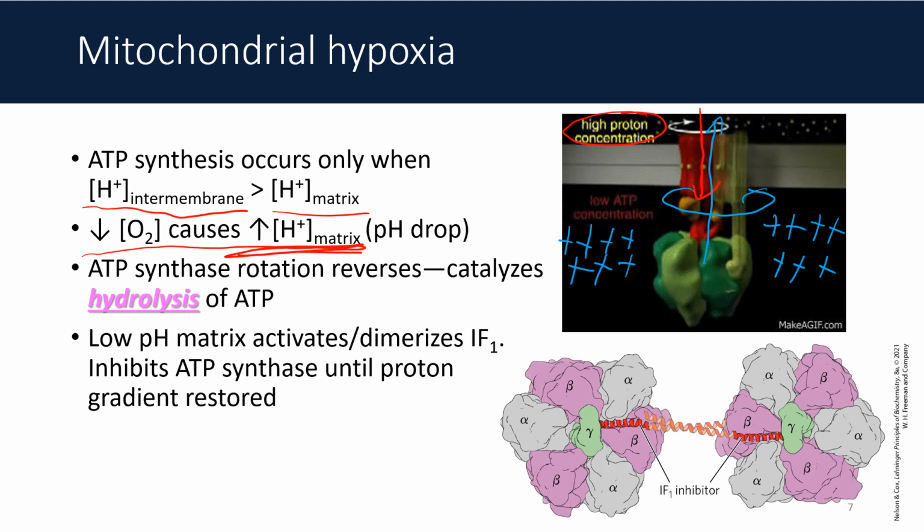So we're not only not making ATP in hypoxic conditions, which is bad enough, but we are burning what precious supply remains through this reverse action of ATP synthase. This is a huge, huge problem. It's almost hilarious how bad this is. But thankfully, biology has a hack for this, and it's called IF1.